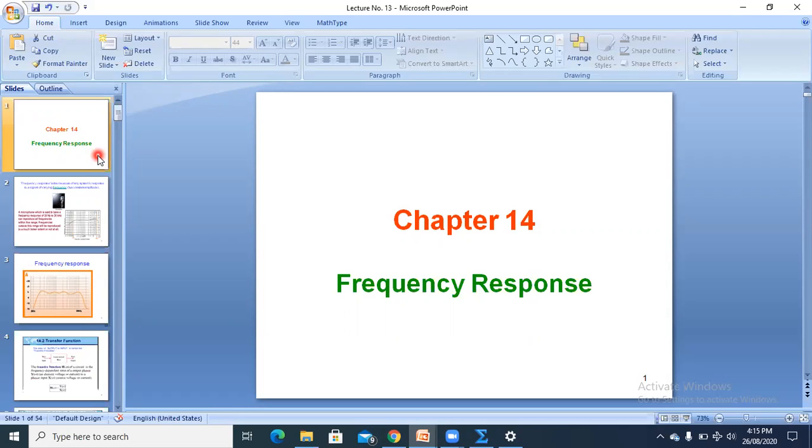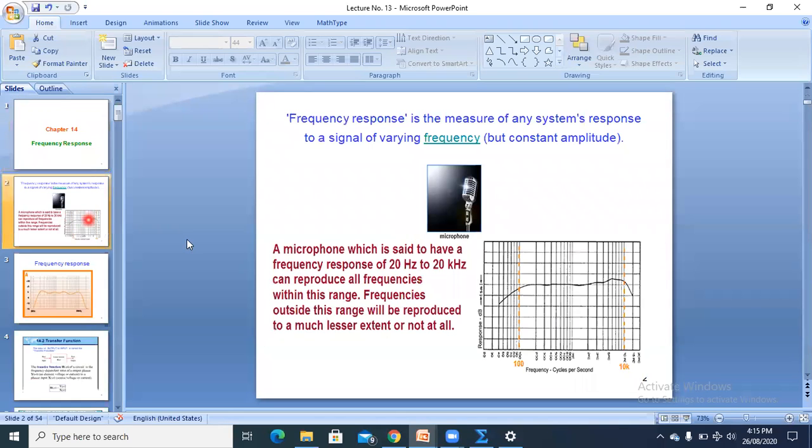For example, we have a microphone circuit, and we want this microphone circuit to allow a range of frequencies to pass and suppress all other frequencies. And that frequency range starts from 20 hertz to 20 kilohertz.